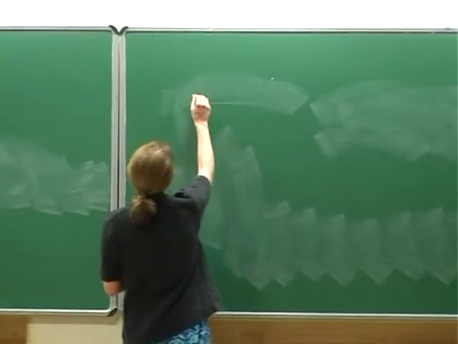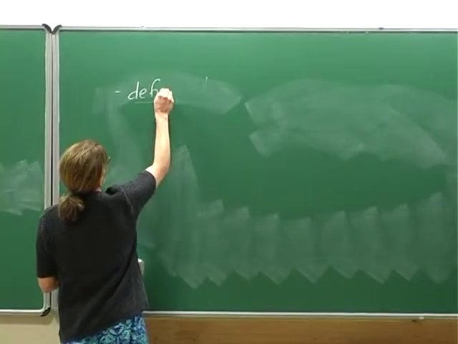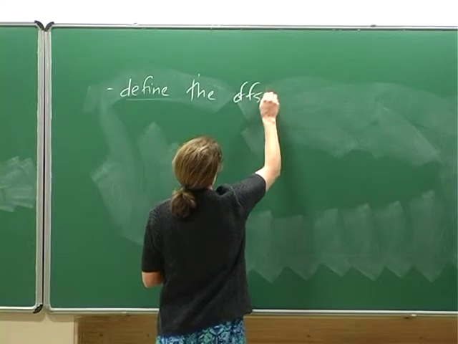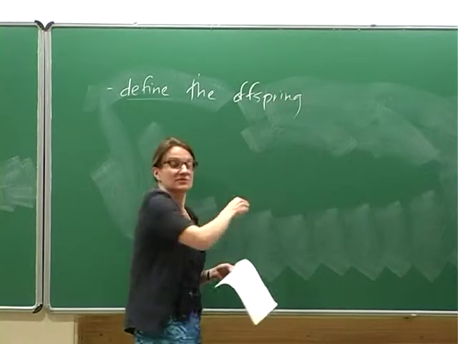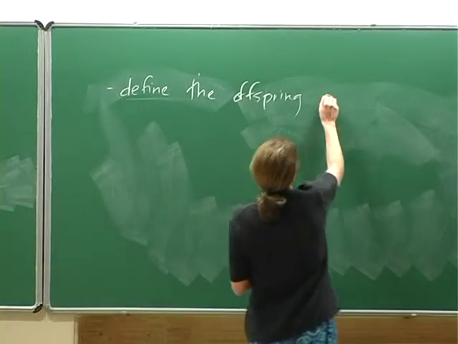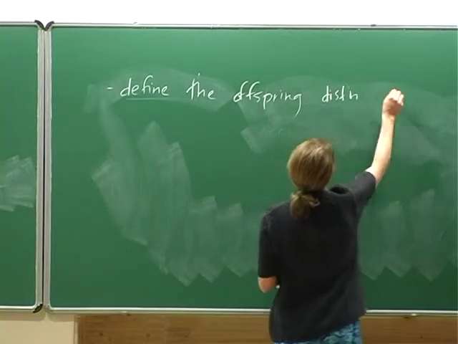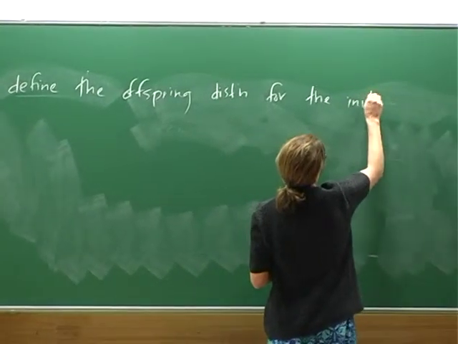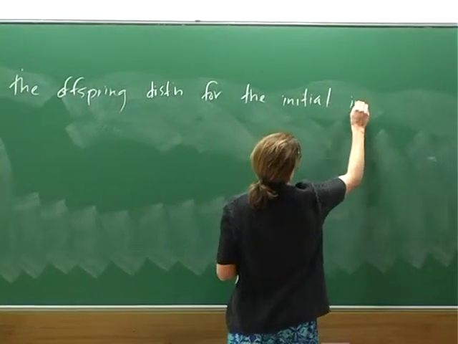It works out that if we define the offspring distribution, so that's just like the table that was on the board for the tutorial, right? You define the offspring distribution for the initial individual or mutant.